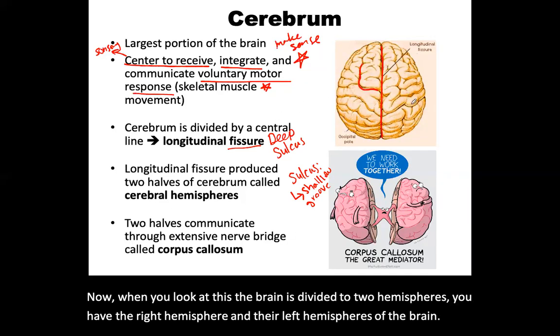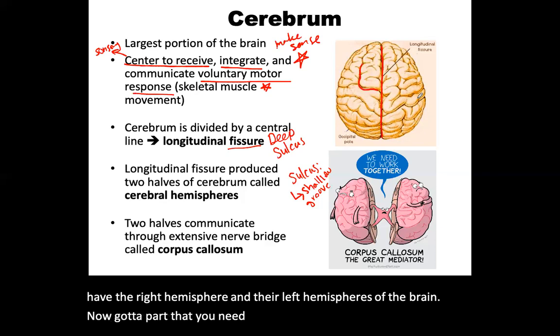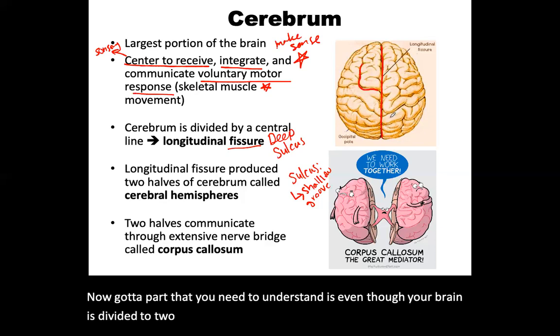Now, the other part that you need to understand is, even though your brain is divided into two halves, you still want these halves communicating with each other. So there is an extensive nerve bridge that allows these two halves to communicate, and this structure is what's depicted here as the corpus callosum.